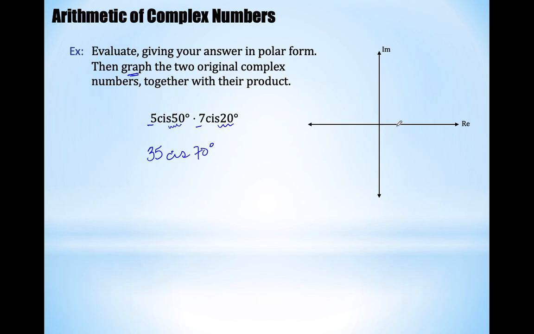All right, so I then asked you to graph the two original complex numbers on this plane. So without being in rectangular form, I can still do this, right? 5, radiate out 5 units, and rotate 50 degrees. See the relationship with polar graphing?